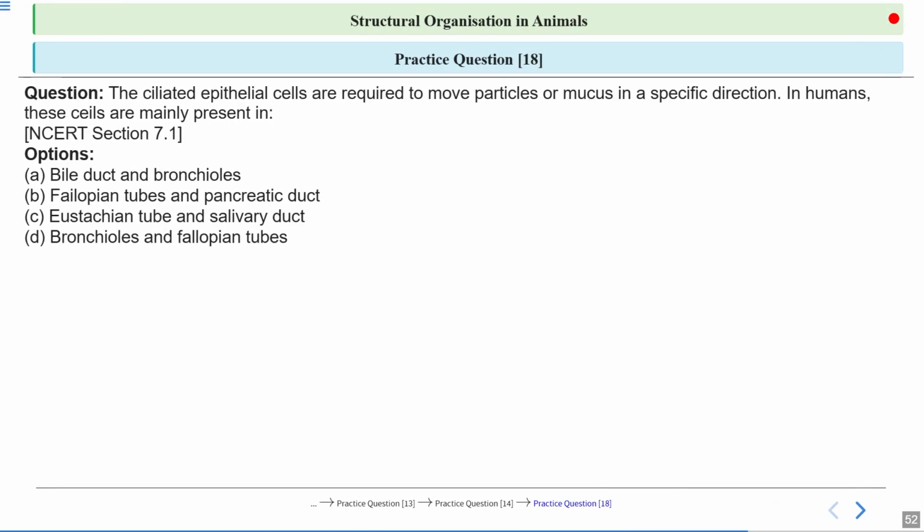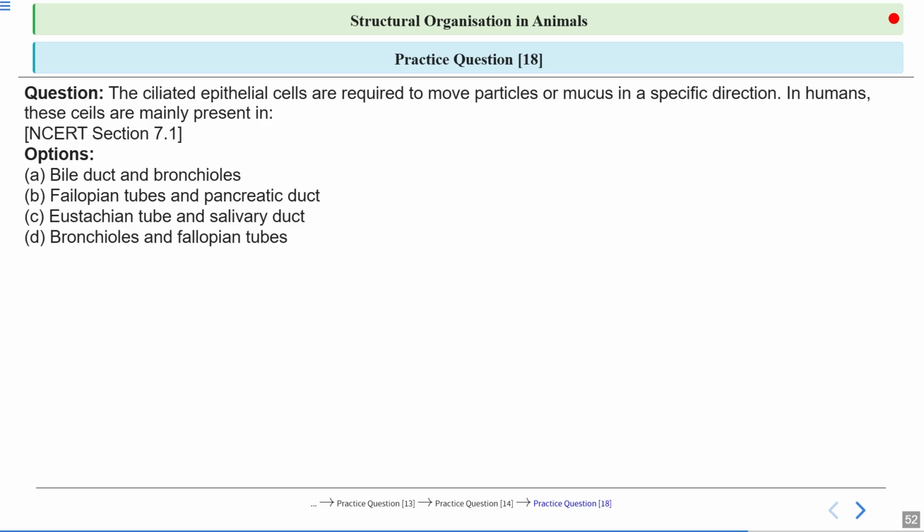Next question. The ciliated epithelium cells are required to move particles or mucus in a specific direction. In humans, these cells are mainly present in, NCERT section 7.1, this question is coming from, and the options are as follows. A, bile duct and bronchioles.